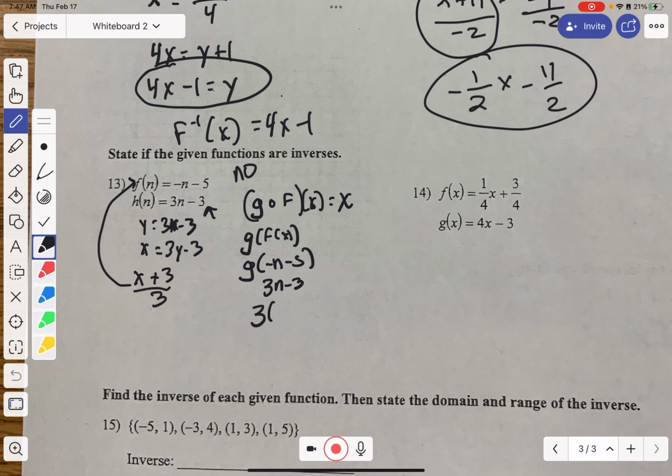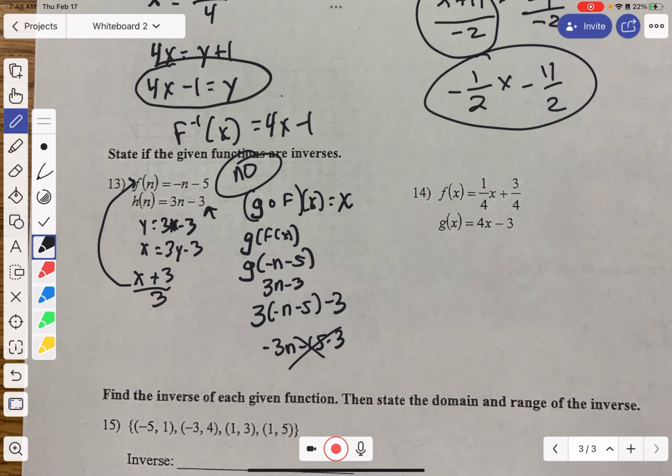So that would be 3 times negative x minus 5, minus 3. I changed the n's into x's, so just bear with it there a little bit. So that's negative 3x minus 15 minus 3. That's never going to equal x. So since that doesn't work, the answer is no.